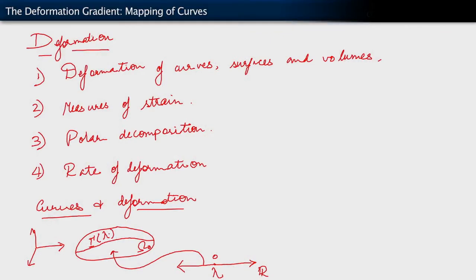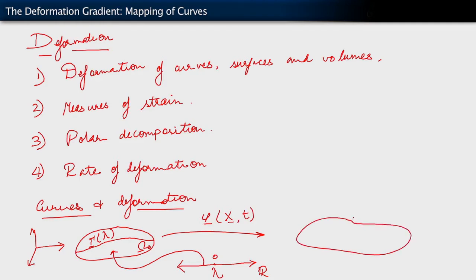Lambda is really just a scalar, right, because it comes from a one-dimensional space, okay? So here's our parameterization of a curve, capital Gamma, on the reference configuration omega naught. Now, the body deforms, right? We undergo a deformation. We describe it as usual, in this generic fashion, through phi, parameterized by capital X and t, okay? And now the body goes to a deformed state, labeled omega sub t.